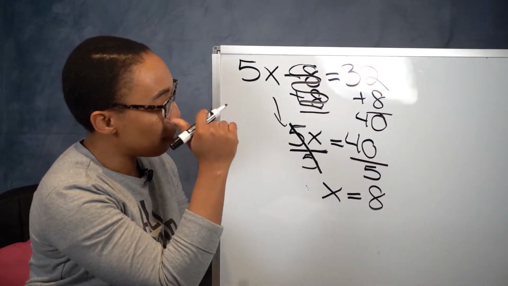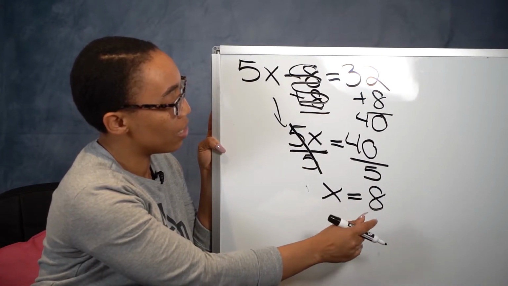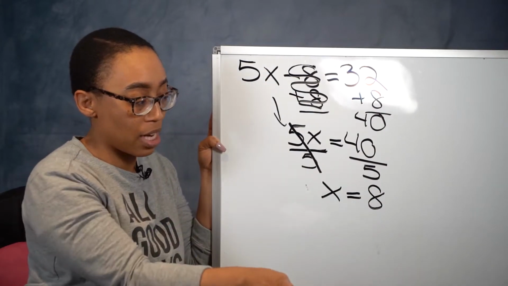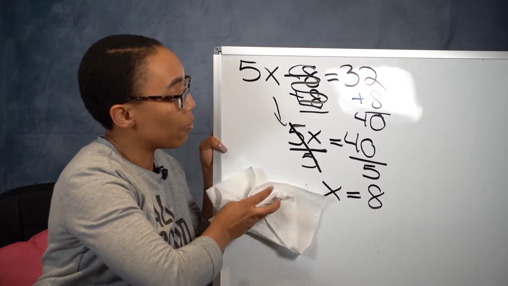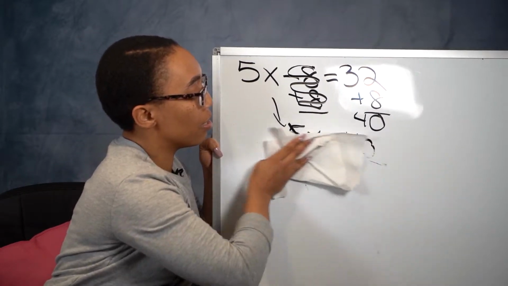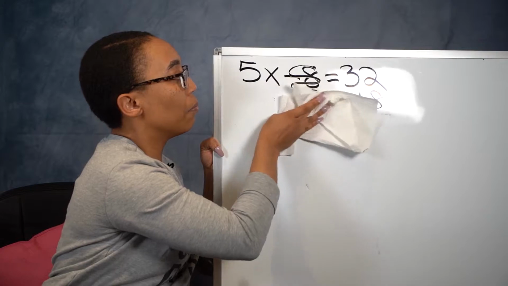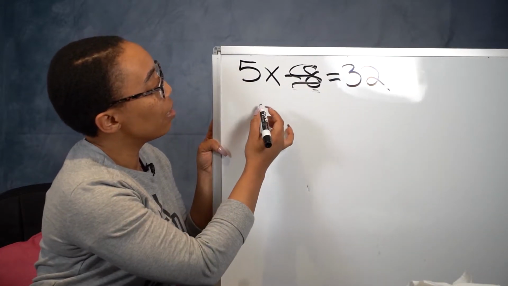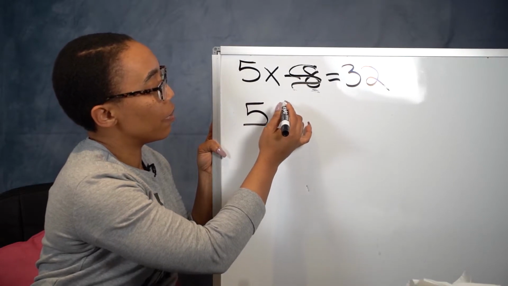But to check our answer, we need to put this in the original problem. I'm going to erase this and rewrite the problem anyway. So we have 5, and then the answer we got was 8.